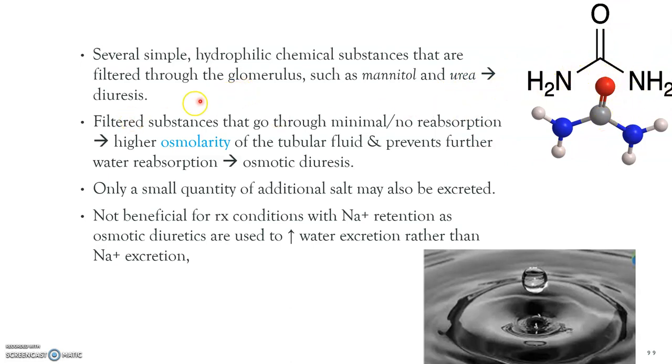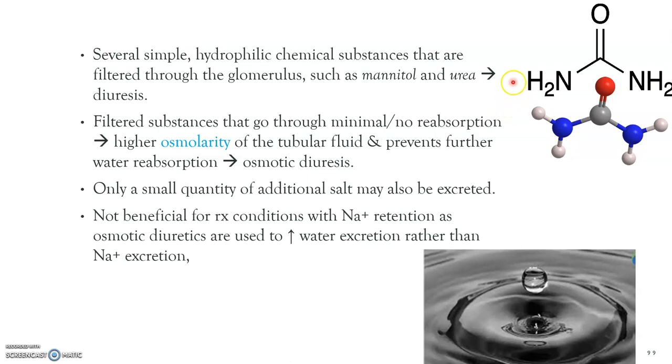So filtered substances that go through minimal or no reabsorption lead to a higher osmolarity of the tubular fluid. When they pass through the lumen and there is no or very little reabsorption going on, we'll have mannitol, urea, and so on in that urine. That's going to make that part very osmolar.